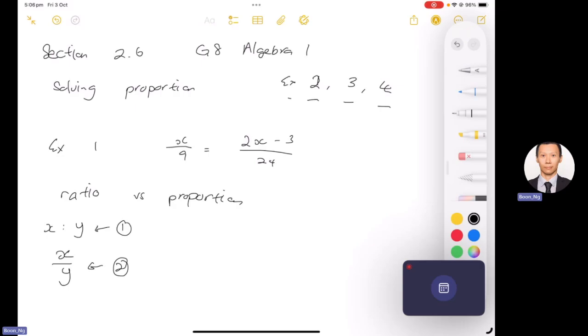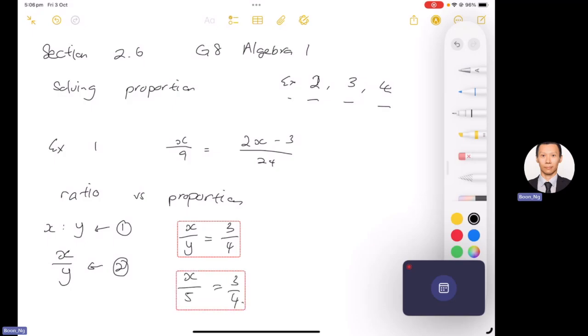Proportion is highly similar. Proportion basically is a comparison of two fractions. So x over y equal 3 over 4, for example, or x over 5 equal 3 over 4.